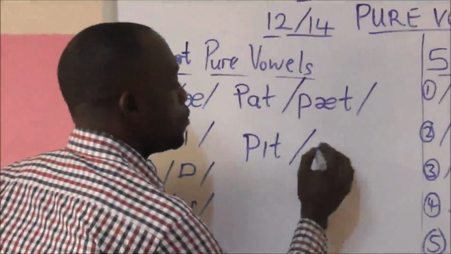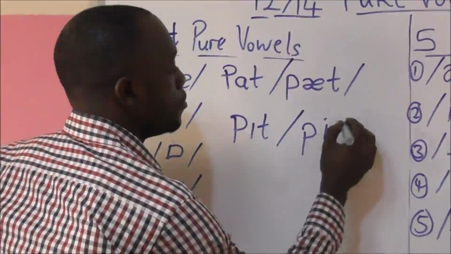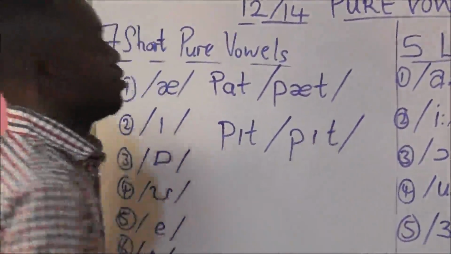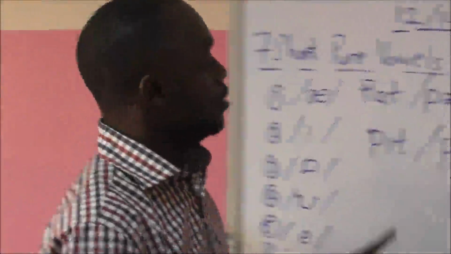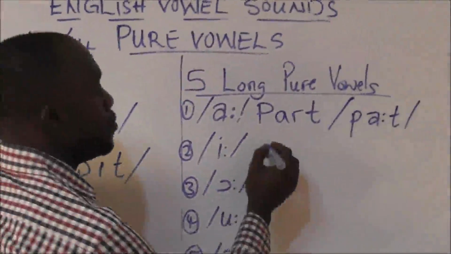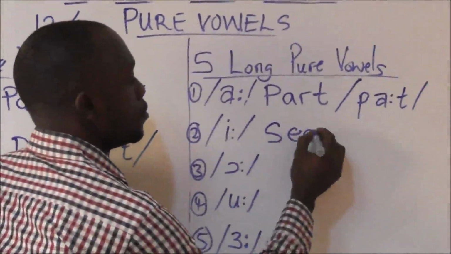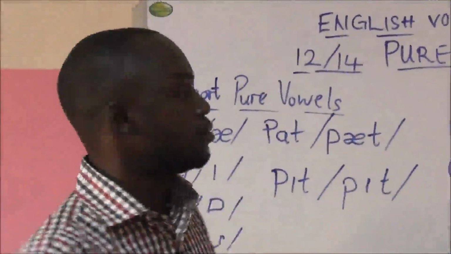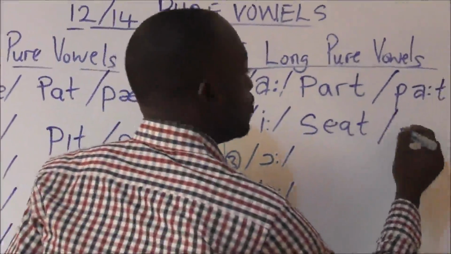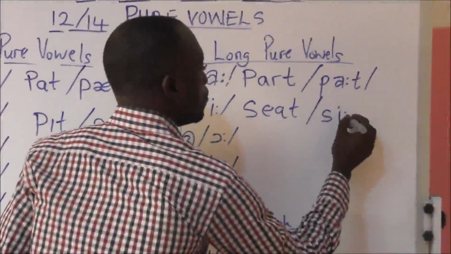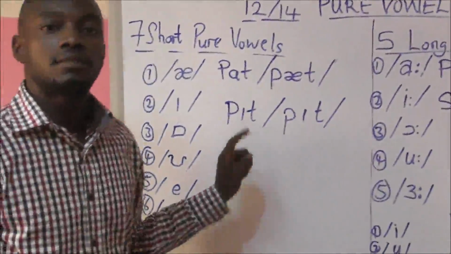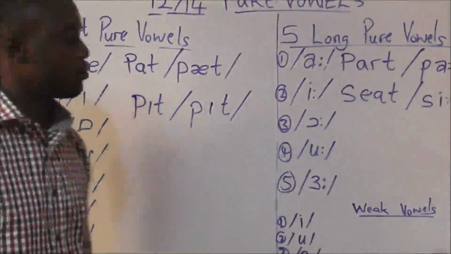And to transcribe it, we'll have pit. And the long version, we have seat. Seat. Then we have seat. This is pit, and this is seat.